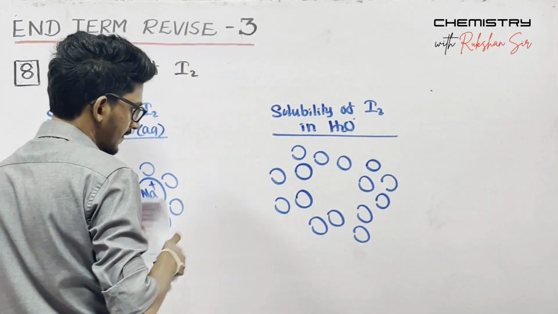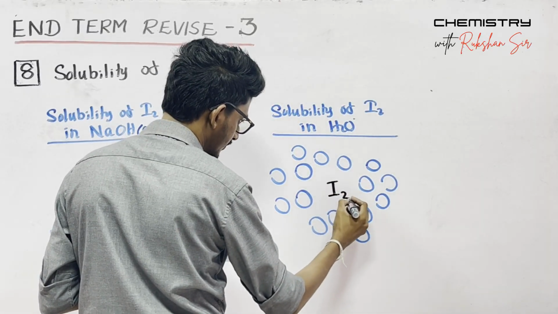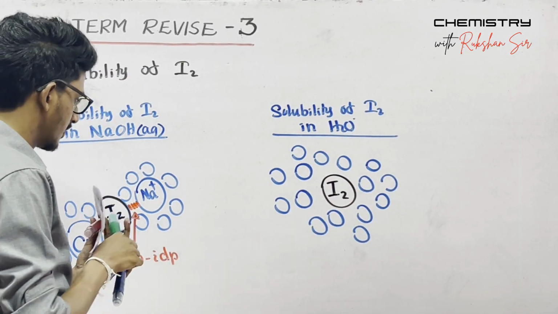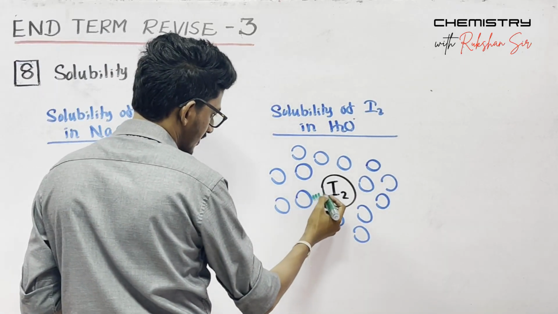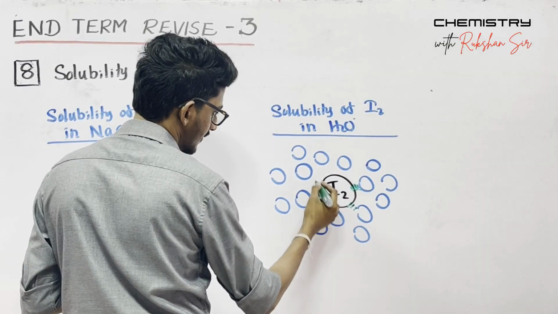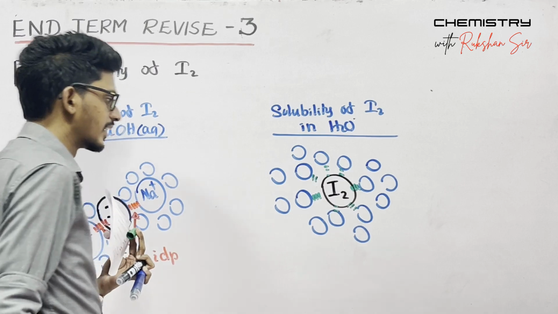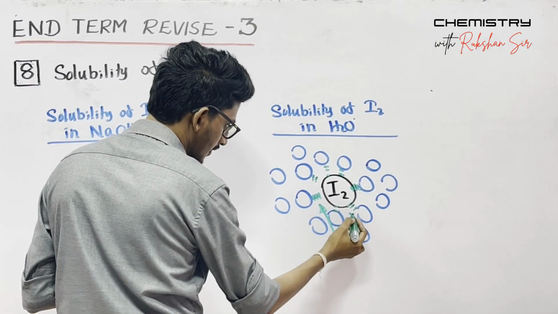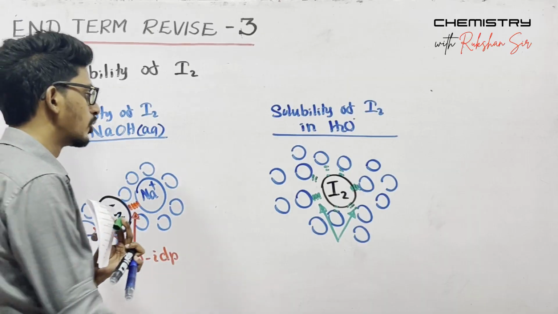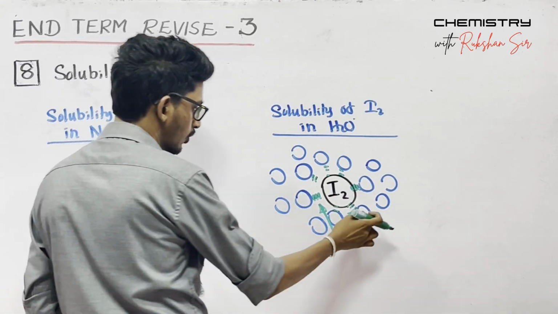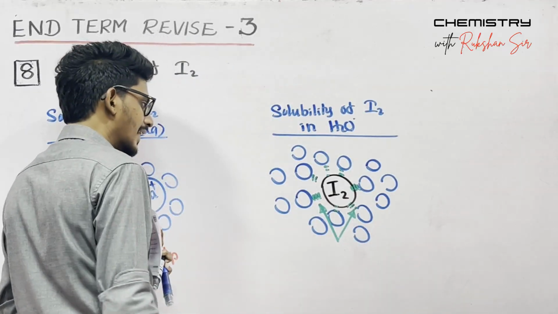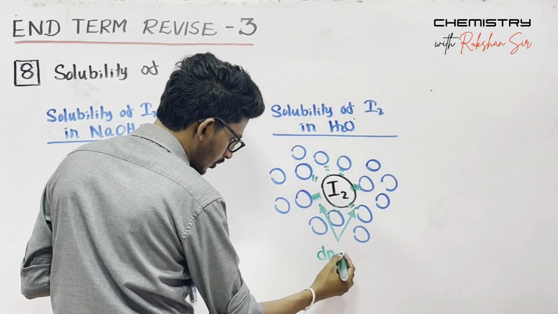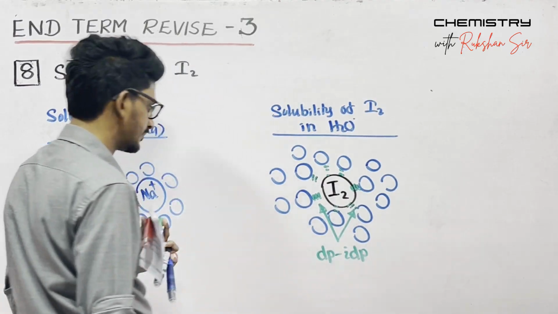And there you could see the I2 trying to dissolve here. Yes, you will form a kind of secondary interaction. But this kind, as water molecules are polar molecules, dipoles, and this is a non-polar molecule, induced dipole. This interaction kind is referred to as dipole induced dipole interactions.